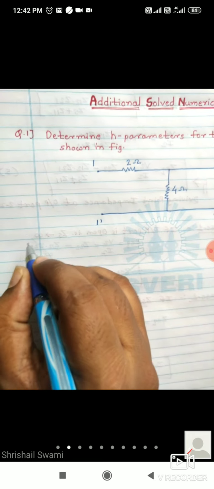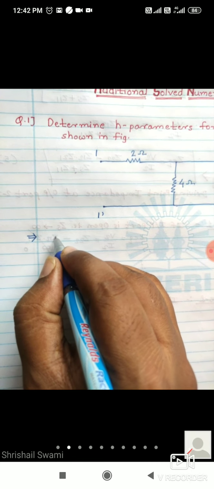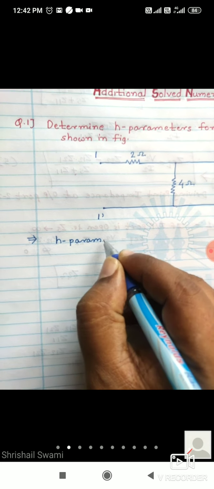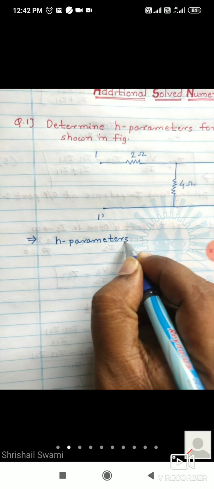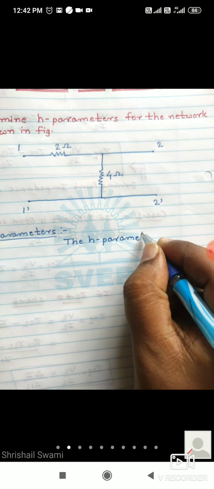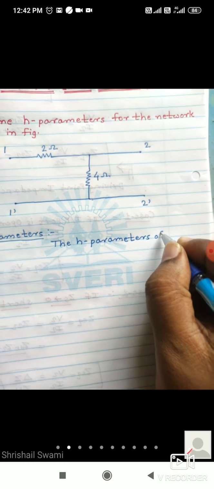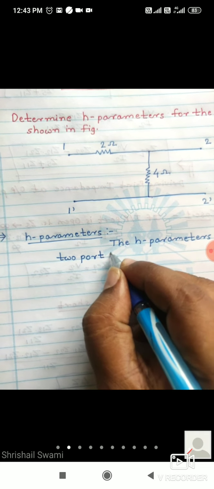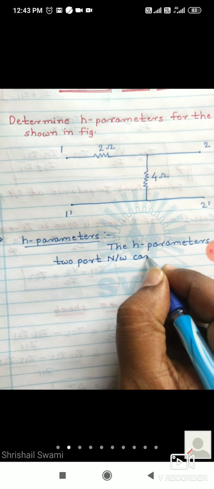Finding h parameters, so start with the h parameter equations. The h parameters of the given two-port network can be represented by these equations.